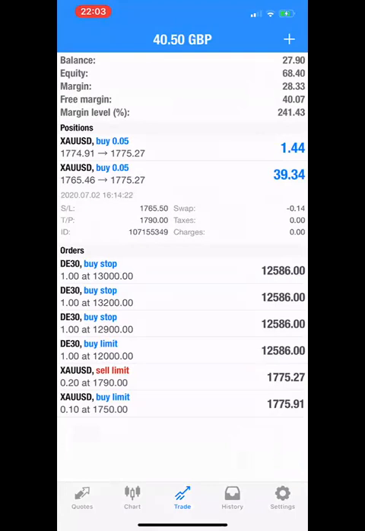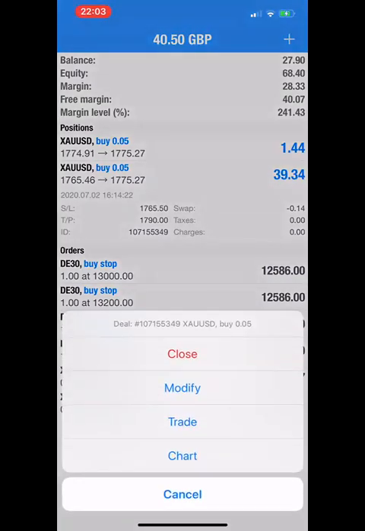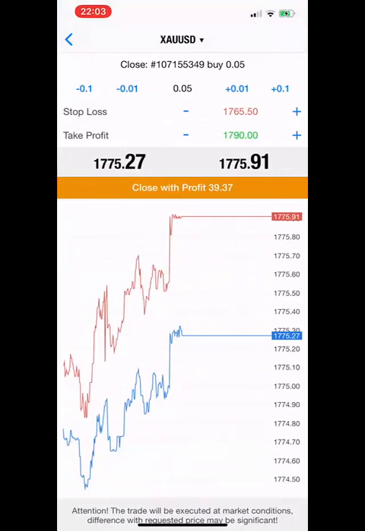What you simply do, you go to close. And then where your lot size is, you simply decrease it. And you can see, every time I decrease my lot size, it says to me, close with profit 31, close with profit 23, close with profit 15, close with profit 7.